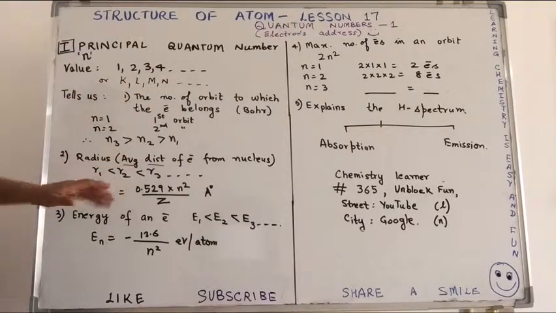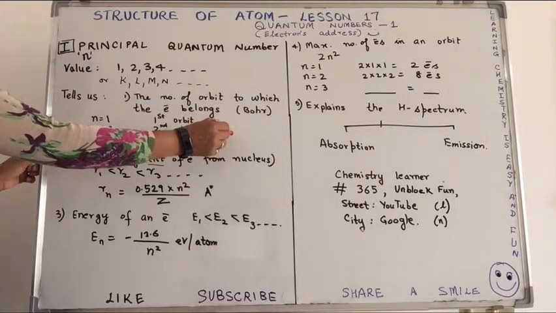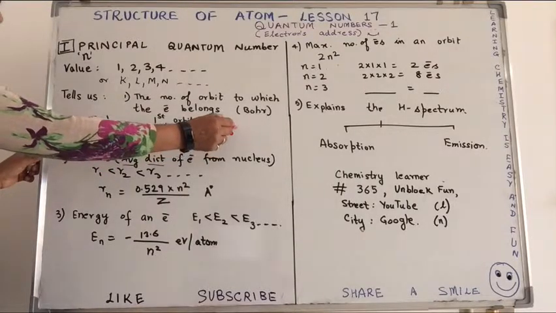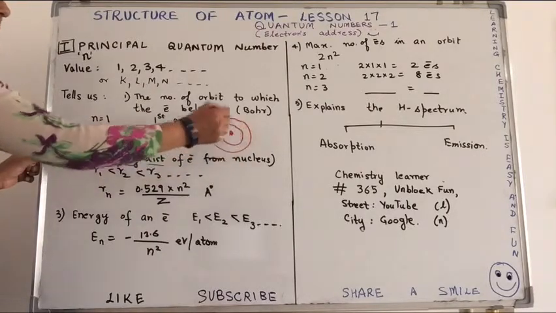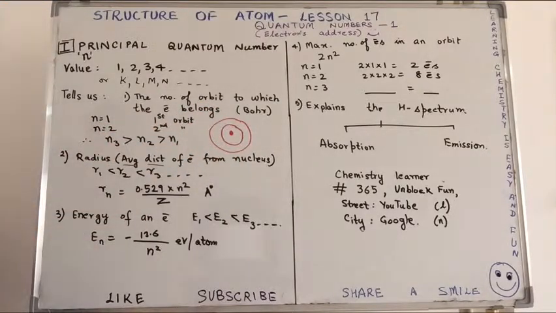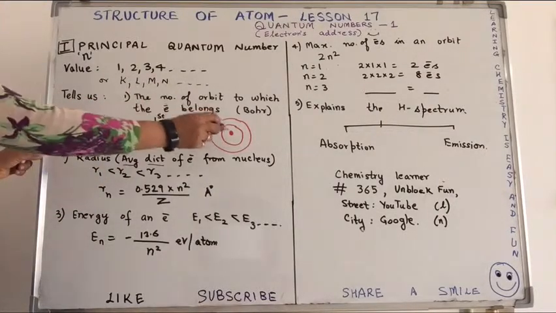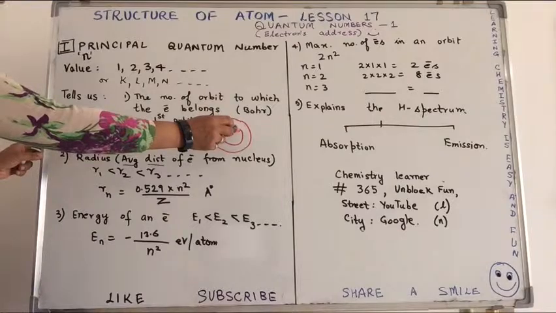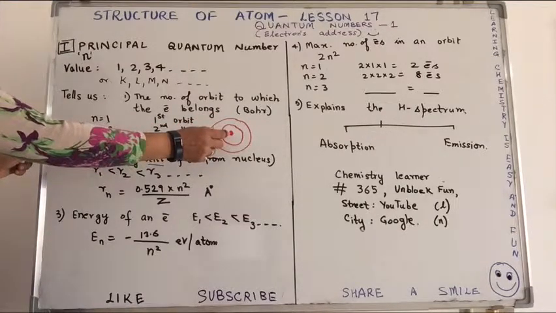It tells you the distance of the electron from the nucleus. So you are the nucleus in this structure and these are the places where you have to go to. So the value of n gives me an approximate idea of the distance of the electron from the nucleus.